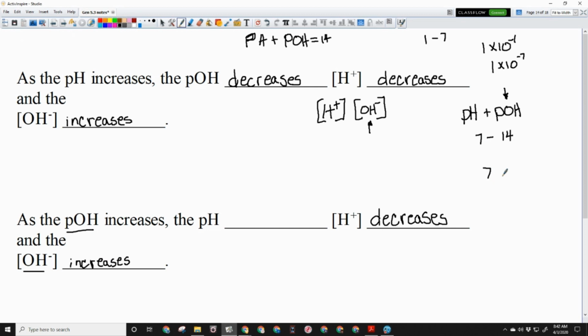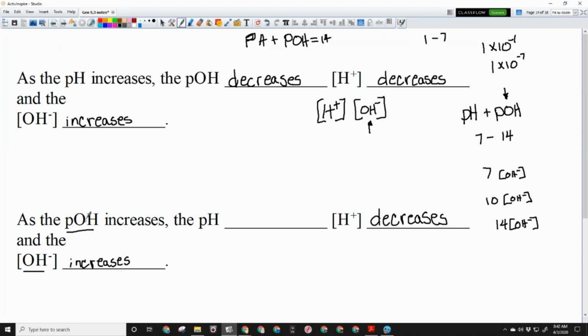At 7, we have very little concentration of OH ions, because it's almost neutral. And as we go to 10, the hydroxide ion is getting more and more. Finally, as we go to 14, the concentration of hydroxide ions is a lot. So as this number increases, it's the opposite of this one. As this number increases, the hydroxide ion also increases.